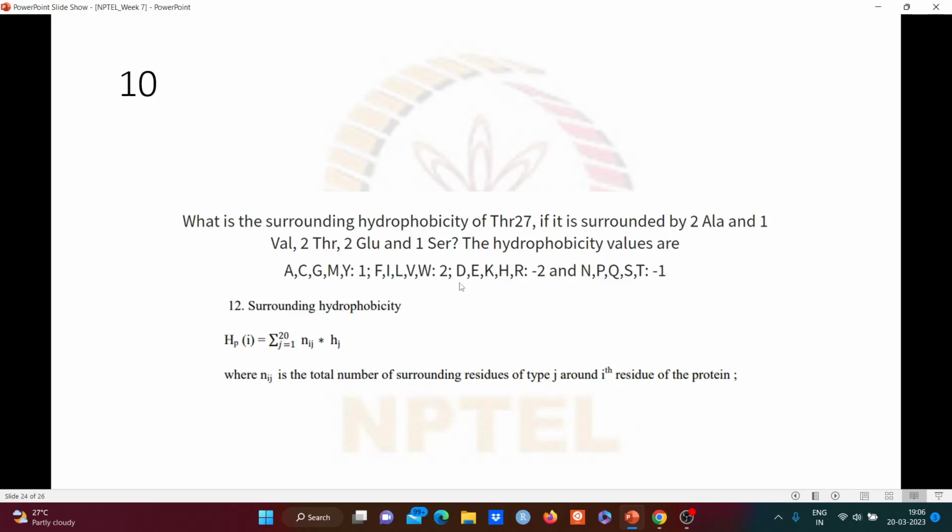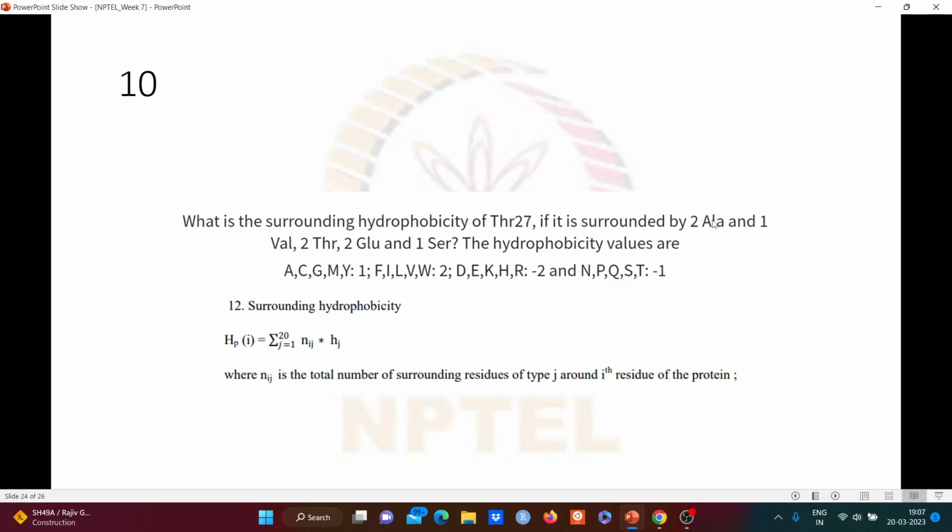So 1 valine and hydrophobicity value is 2. So 2 plus 2, now we have 4. Next is 2 threonines, so the value is minus 1 each, so 2 plus 2 minus 2. Next we have glutamine, where its hydrophobicity value is minus 2. So here again minus 4. Next is serine, which is minus 1.